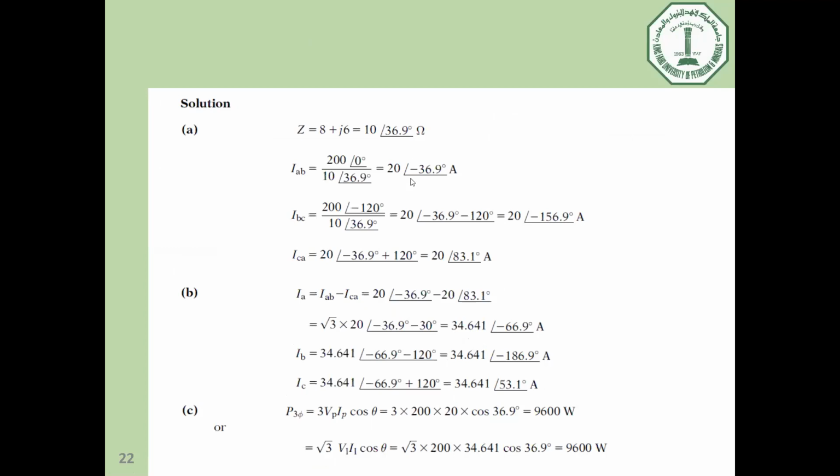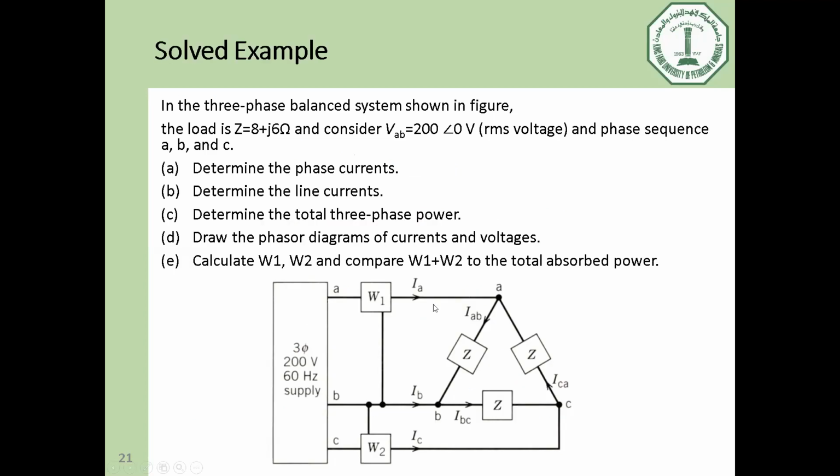So simply we can say IAB equals VAB divided by the impedance Z. It will give me the value of IAB, and similarly, we can shift the angles to get IBC and ICA.